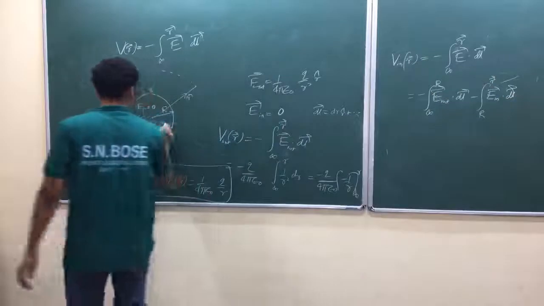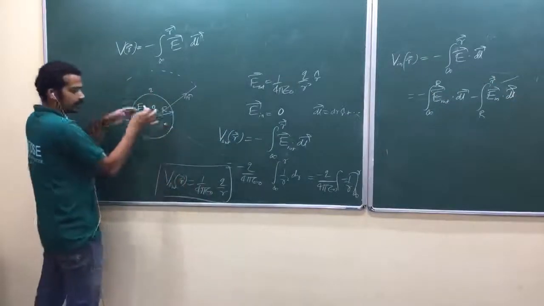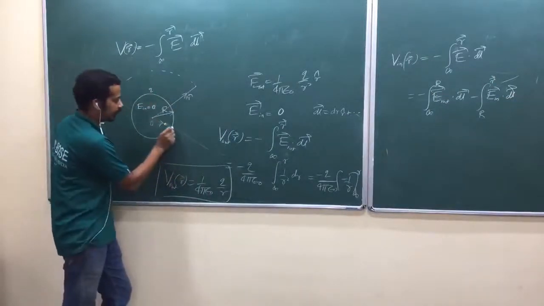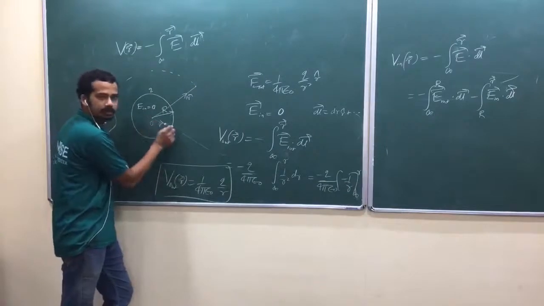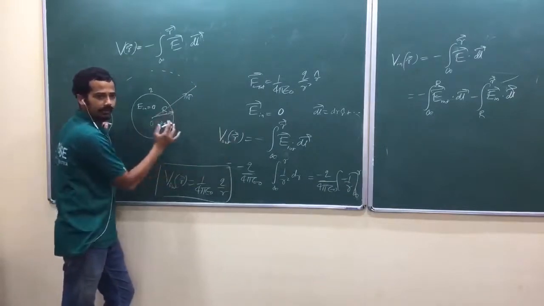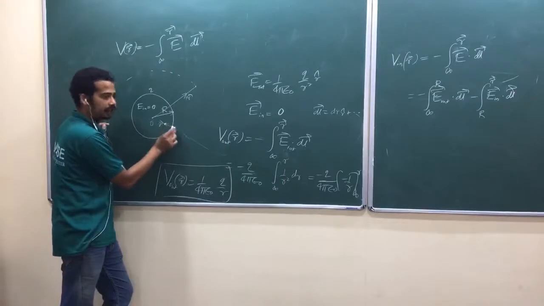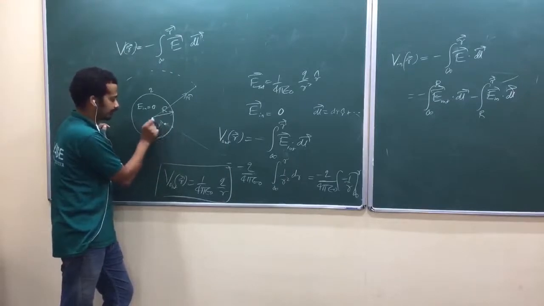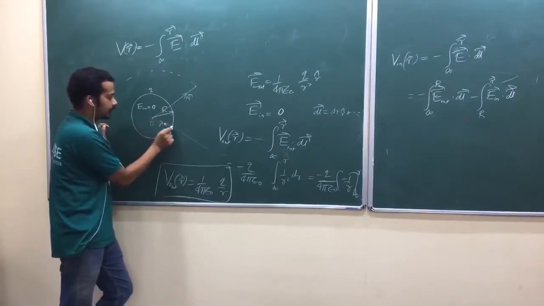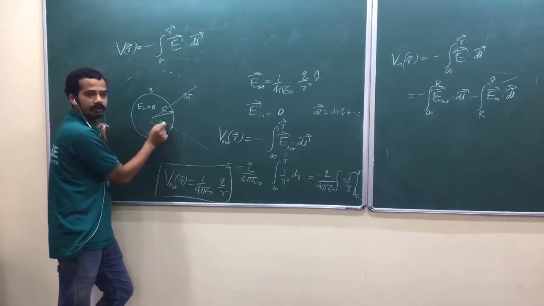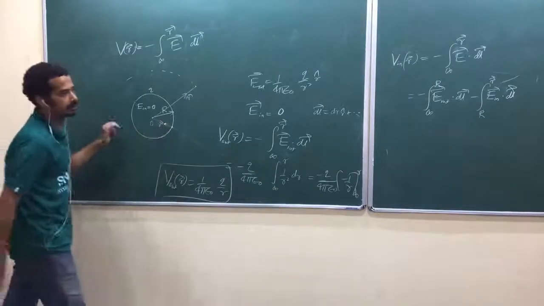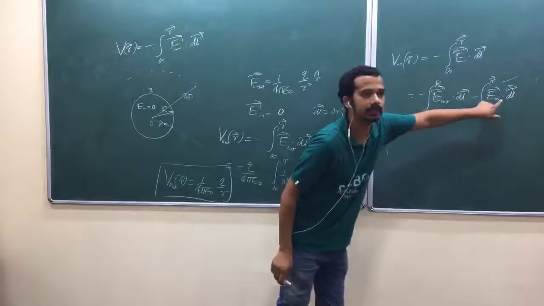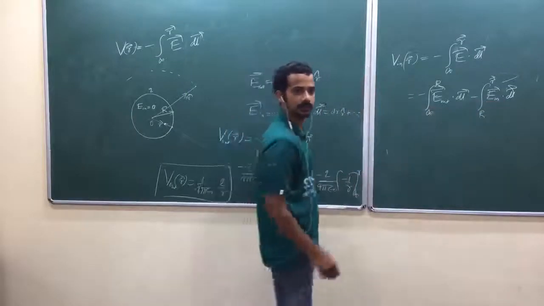Okay, I'm talking about any point inside the sphere. Okay, infinity to r equal to capital R. Am I right? Radius equal to capital R. That's outside region. Okay, from capital R to small r, so that is the inside region. Am I right? That's why I'm writing E out here, E in here. Is that okay? Are you getting my point?